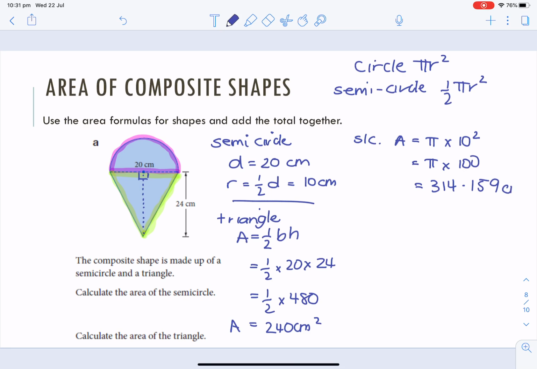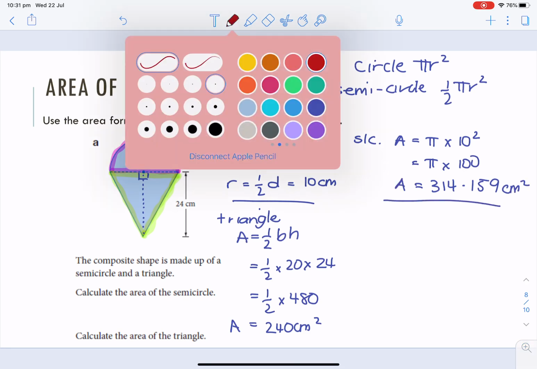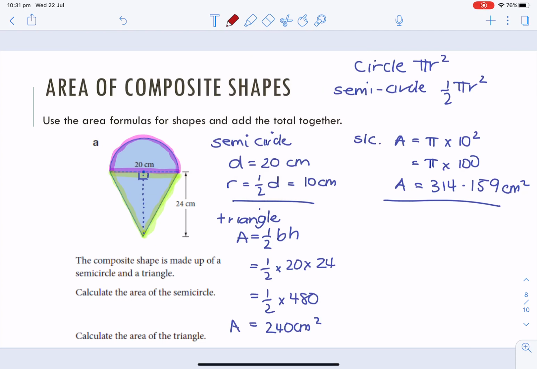Now I'm going to add a little centimetre squared over here on my semicircle. I'm going to change colours so you can see what the total area is. So the total area is equal to the triangle of 240 centimetres squared plus that of the semicircle, which is 314.159 centimetres squared. Again, it doesn't actually tell me how many decimal places, but I'm not in the textbook at the moment.